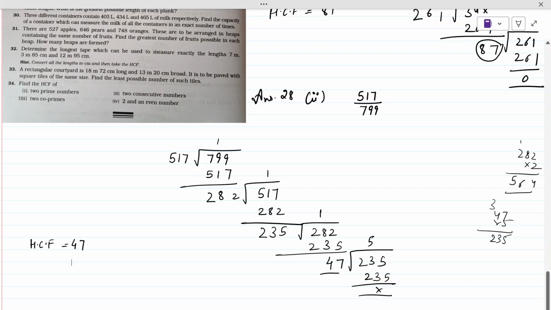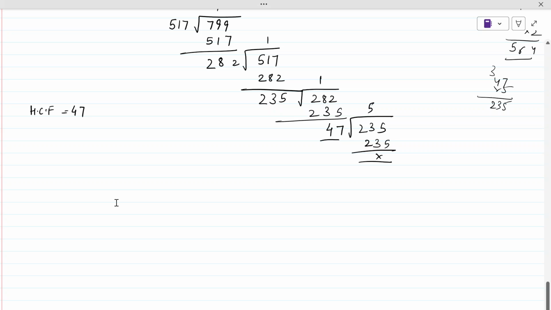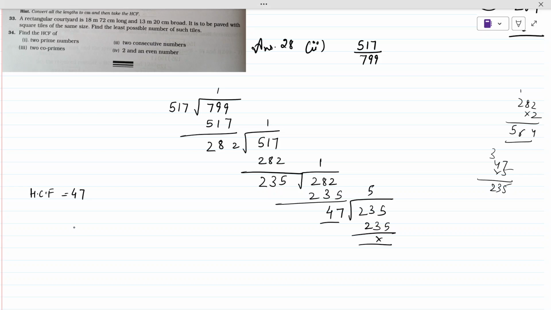Now what we have to do? We have to reduce it to the lowest term. So what does that mean? That means we have to divide this number 517 by 799, both in the numerator and denominator, with 17, right? Sorry, 47. 47 because that is our HCF.